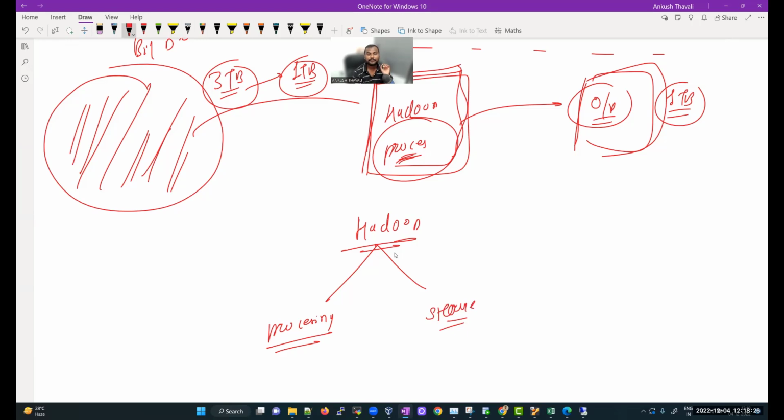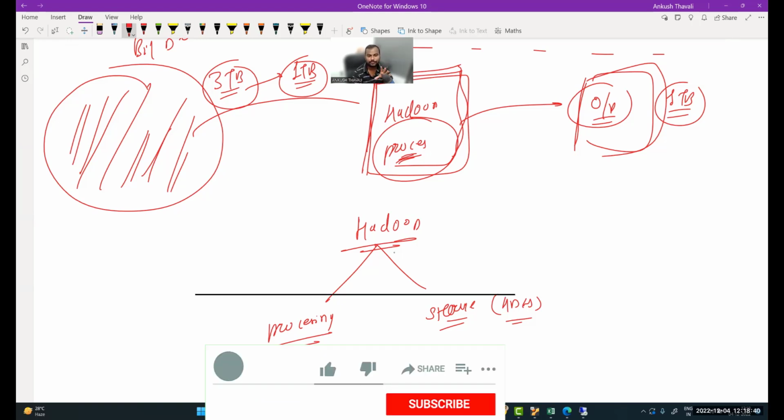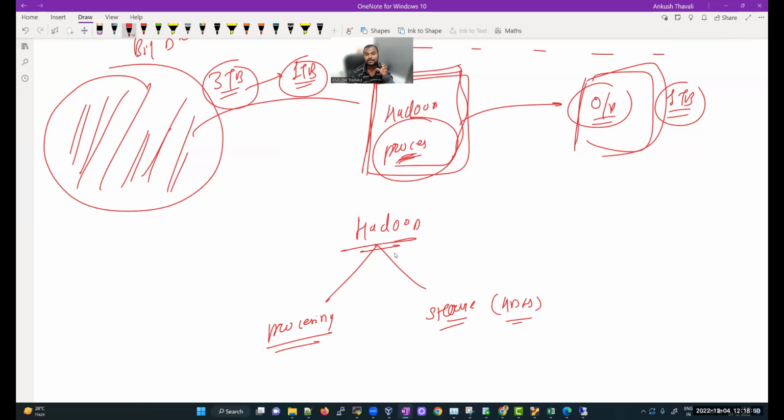Hadoop itself has its own storage, called HDFS, the Hadoop File System. In Windows, we use the NTFS file system, right? So when you install Hadoop on your machine, you also get one storage, which we call HDFS. HDFS is basically the storage provided by Hadoop.